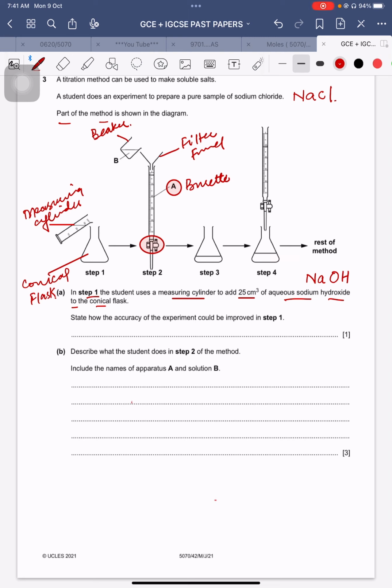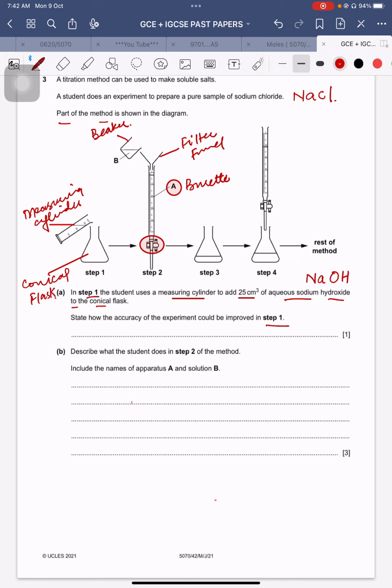Na is representative of sodium, and oxygen and hydrogen combination is making sodium hydroxide. All right, now state how the accuracy of the experiment could be improved in step number 1.